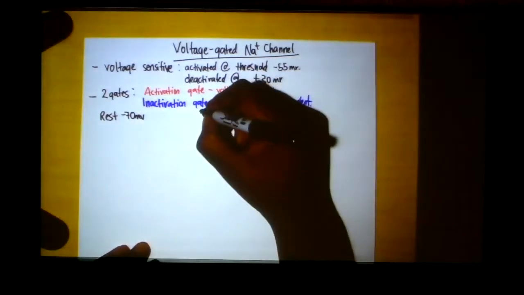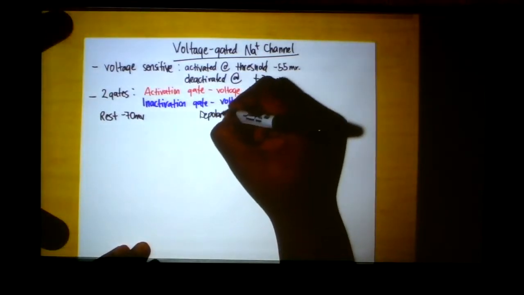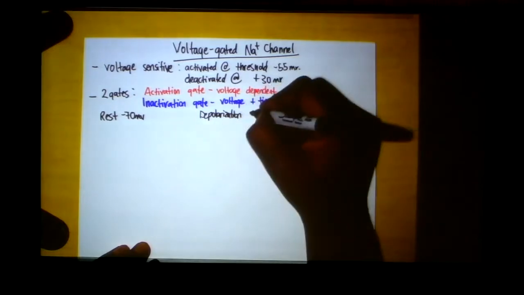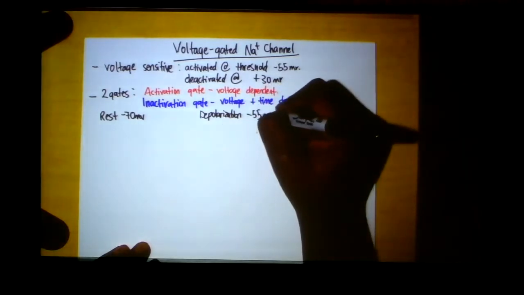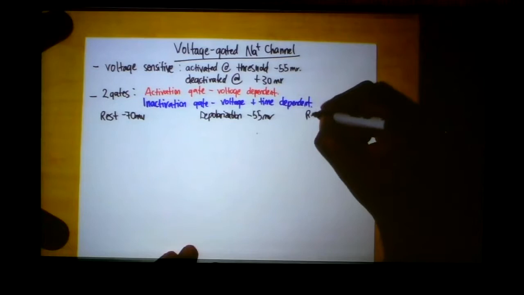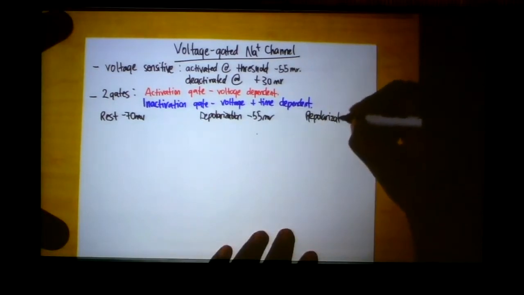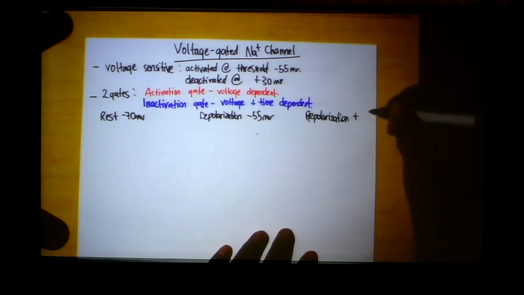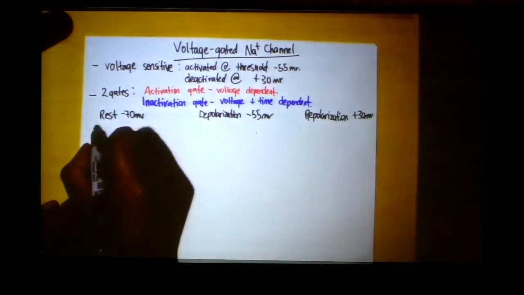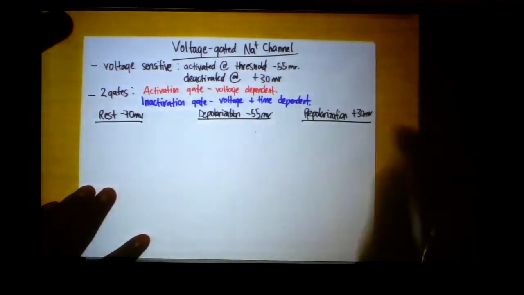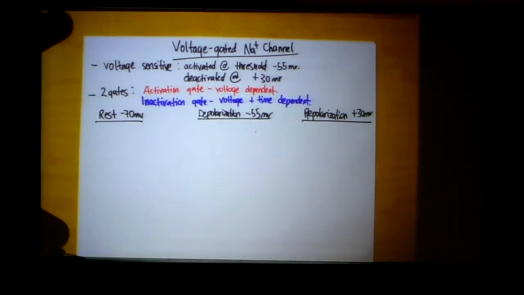We know that depolarization happens at negative 55 millivolts. And we know that repolarization starts at positive 30 millivolts, okay? So we'll look at the gates under these three conditions or circumstances.